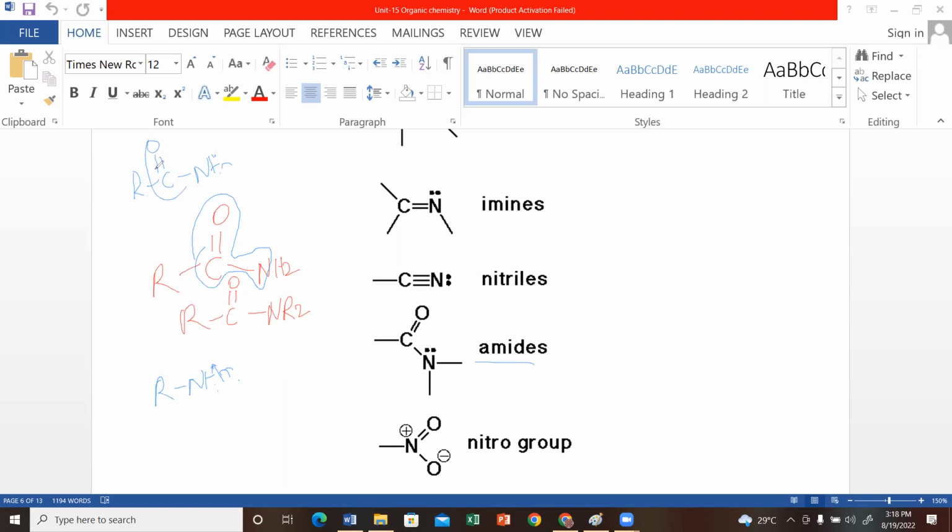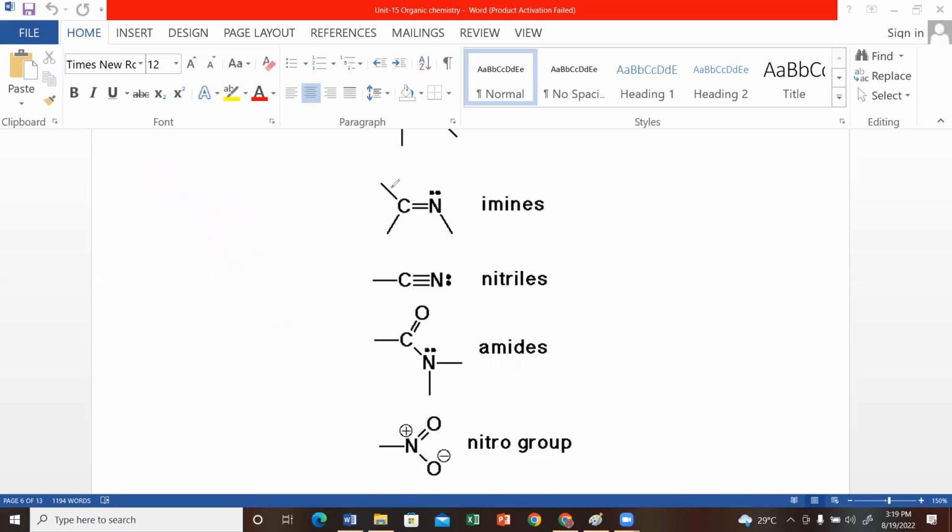If carbonyl is present, it would be amide. If carbonyl is not present, it would be amine. Amine, example, AMINE is present over here. And amide, where the last part is represented by D, AMIDE. So it would be carbonyl and nitrogen linkage.